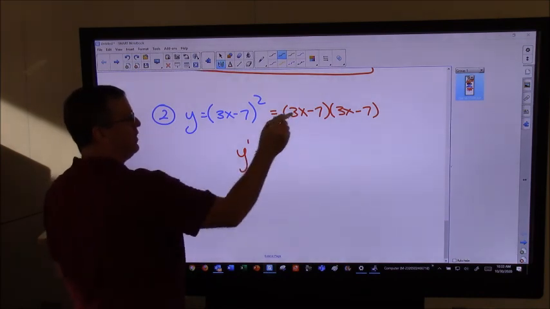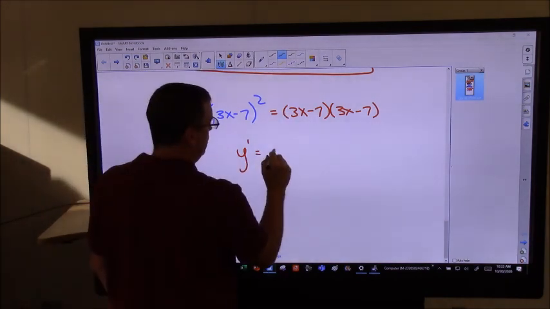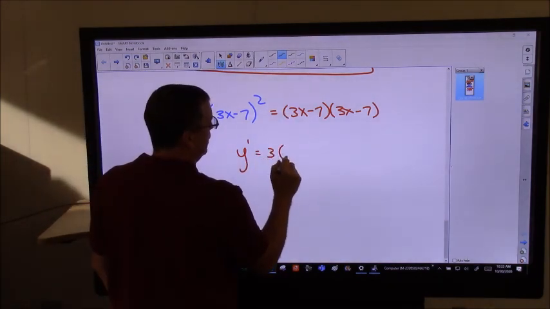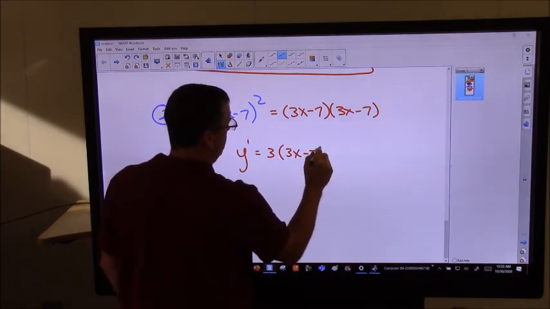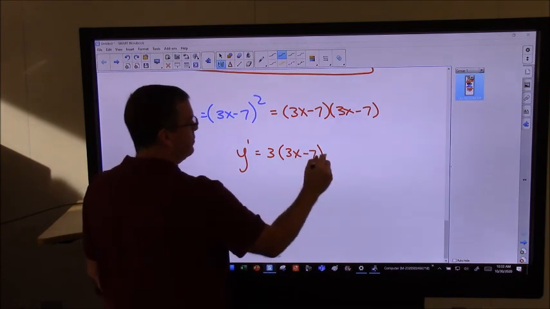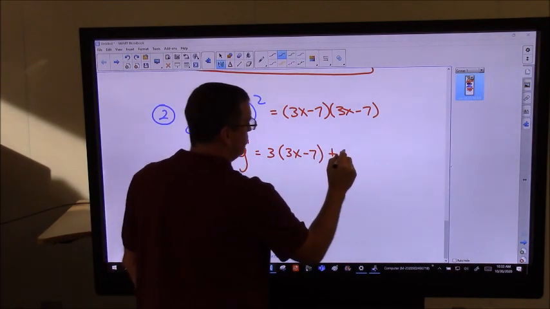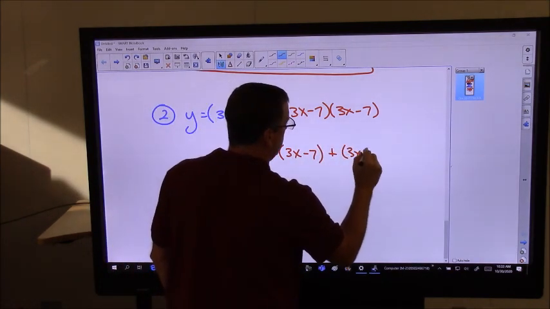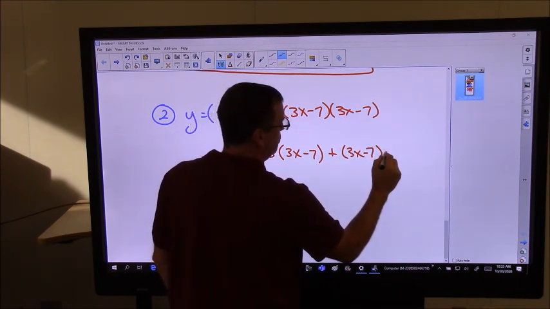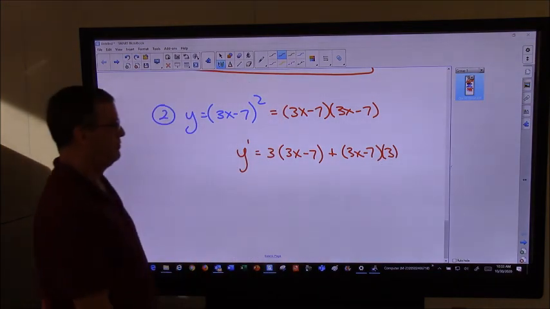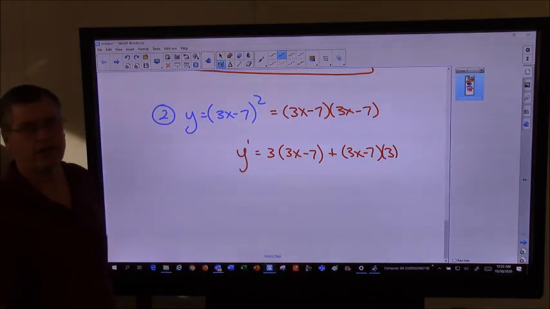All right, so if I take the derivative of the first piece, that's going to be 3 times the second piece, which is 3x minus 7, plus, leave the first piece the way it was, 3x minus 7, times the derivative of the second piece, which is 3. So I really just have the same thing twice, right?